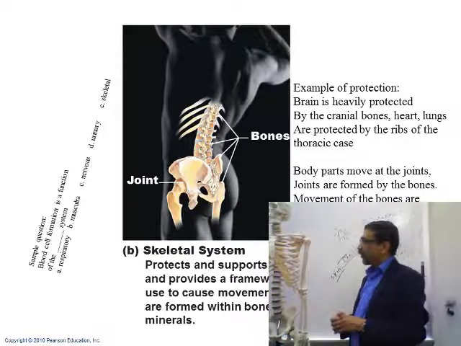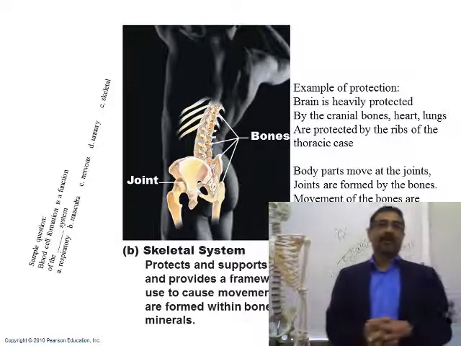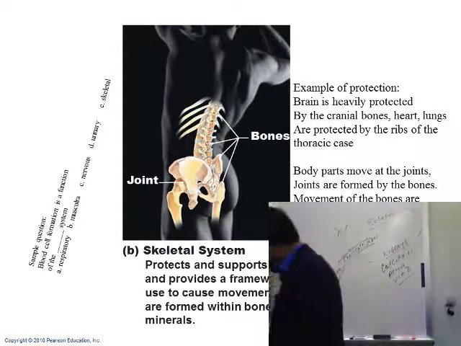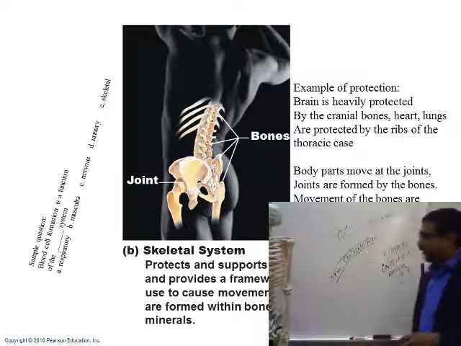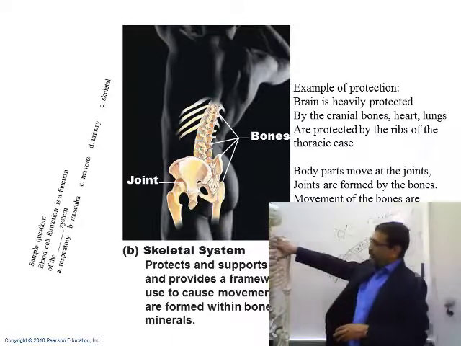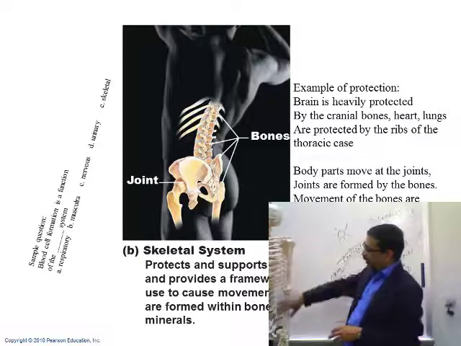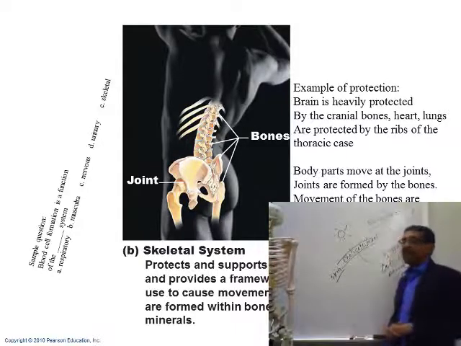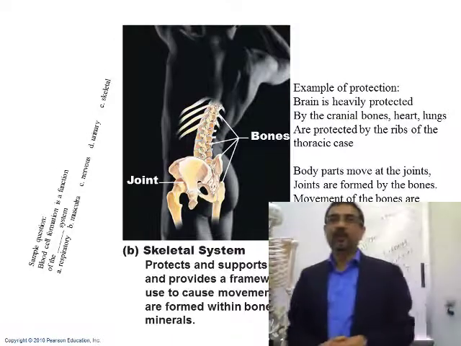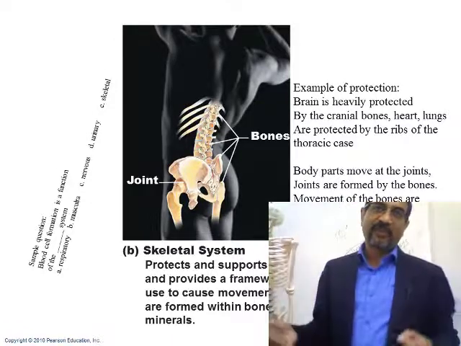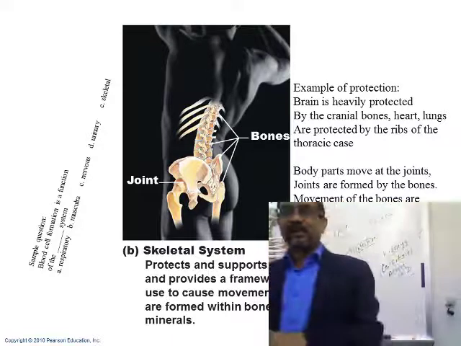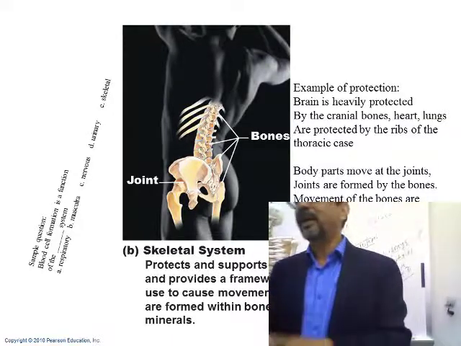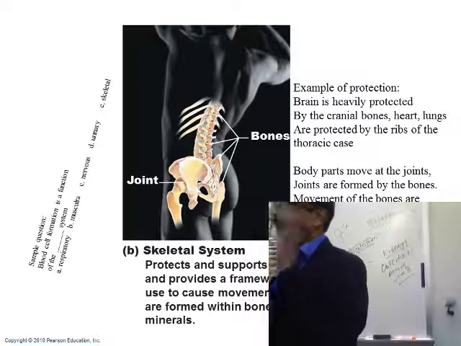provide a framework, provide the attachment of the skeletal muscles. Your skeletal muscles are attached to the skeleton or bones. Okay, so those muscles help you to move the body parts. So by providing attachment to the muscles, your skeletal system helps in the movement at the joints.